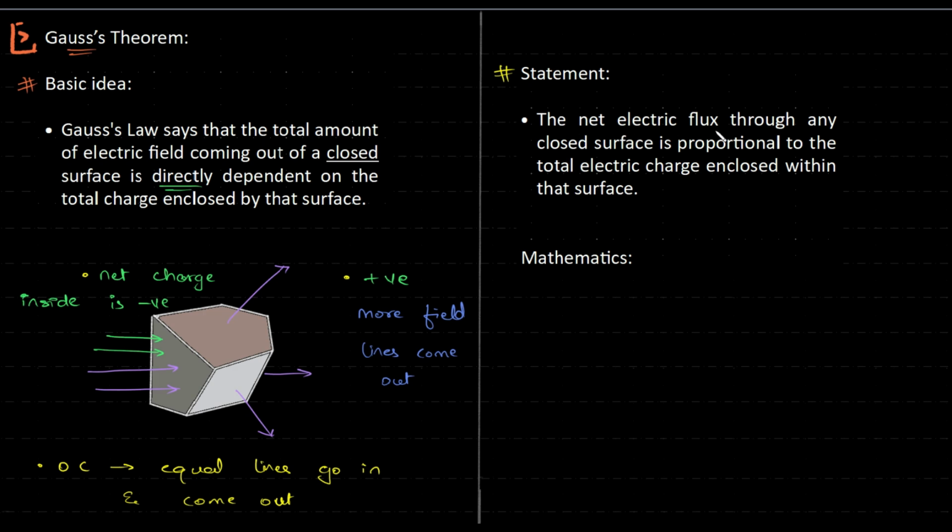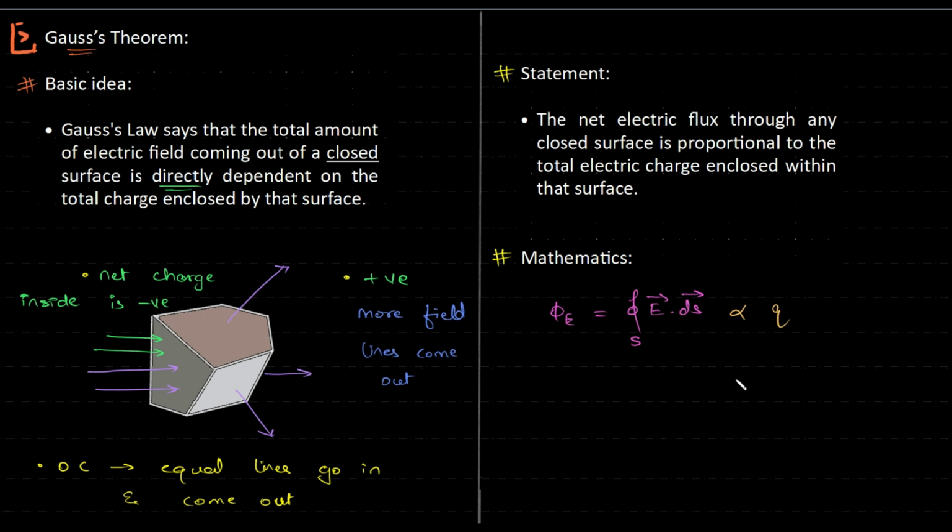The net electrical flux through any closed surface is proportional to the total electrical charge enclosed within that surface. So let me put it in a mathematical way. The net electrical flux is equal to the integral over the closed surface of the field lines that are coming out. And this entire thing is proportional to the charge that it encloses.